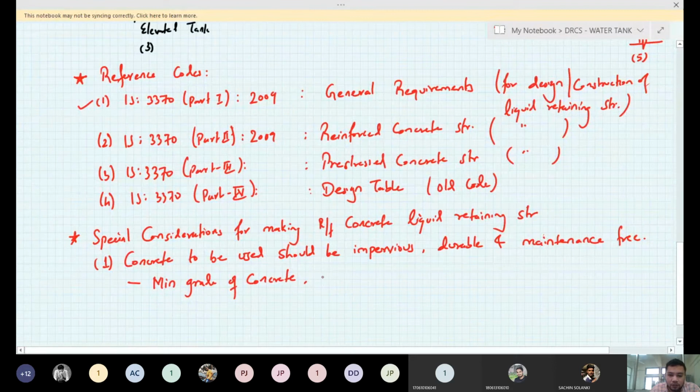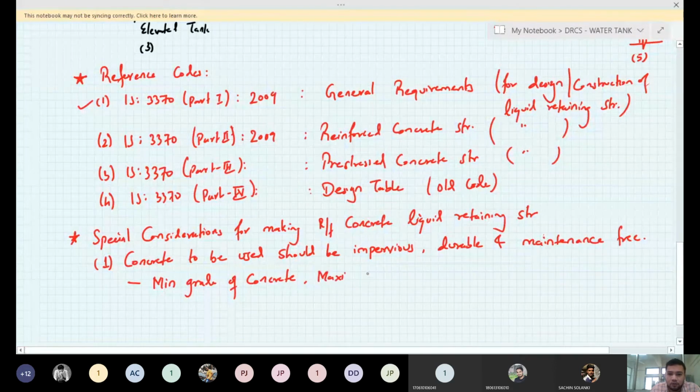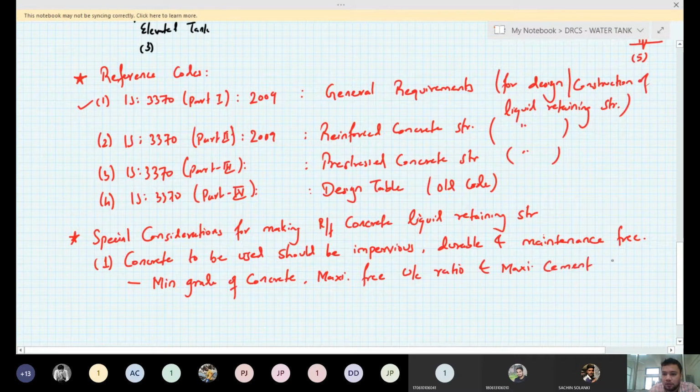Then it also gives the maximum free water to cement ratio, and it gives the maximum cement content. If you remember, these things are given in table 1.